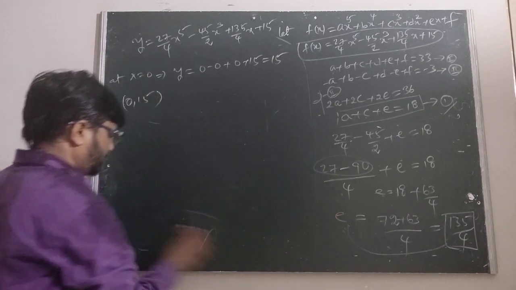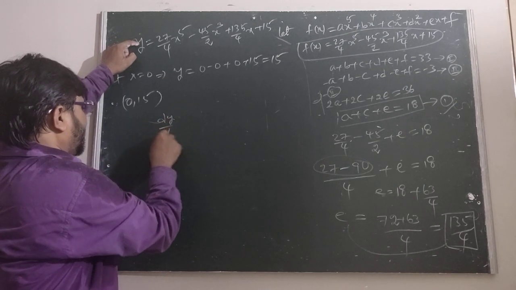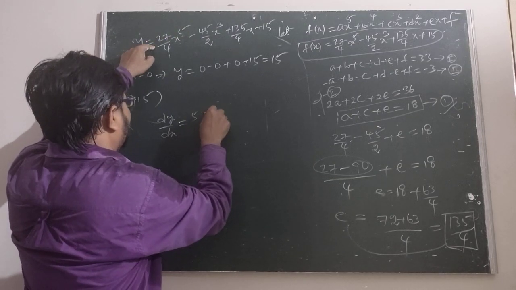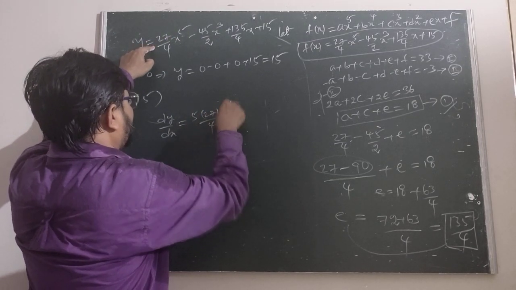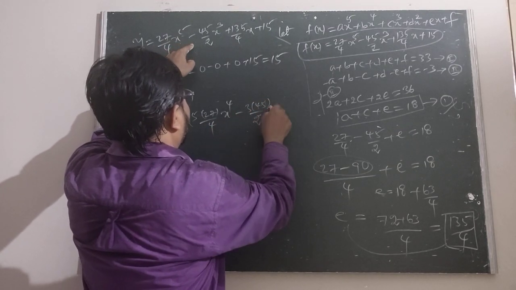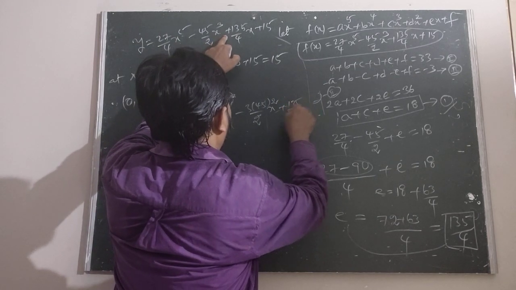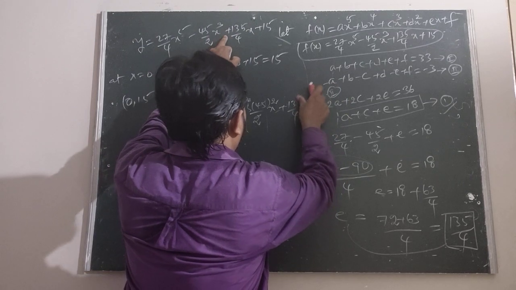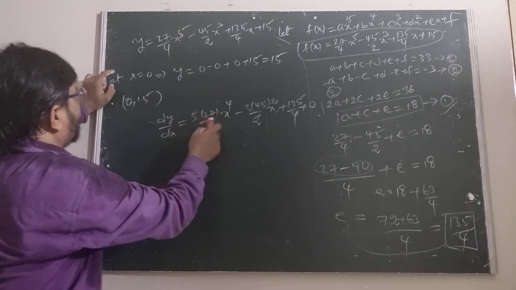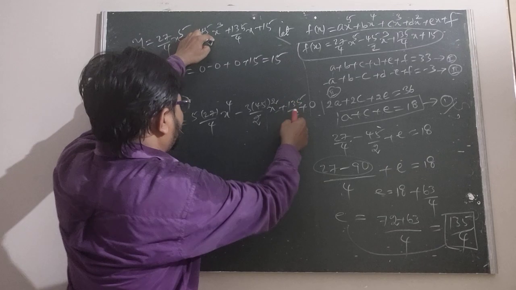Now differentiating the given curve with respect to x, dy by dx equals 5 into 27 by 4 x power 4, minus 3 into 45 by 2 x square, plus 135 by 4 plus 0.